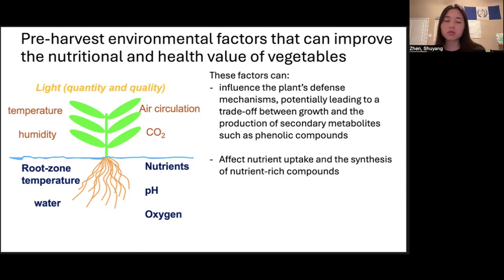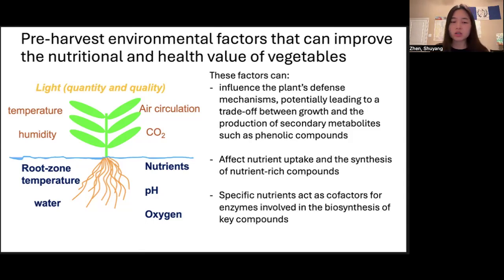Factors like root zone temperature, pH, water and nutrient supplies can also affect nutrient uptake, and a lot of those bioactive phytocompounds require certain nutrient elements. Specific nutrients can also act as cofactors for enzymes involved in the biosynthesis of key beneficial compounds.